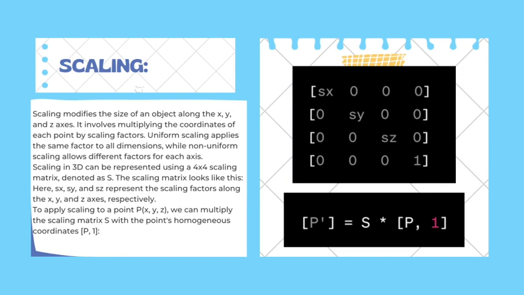To apply scaling to a point P of x, y, z, we can multiply the scaling matrix S with the point's homogeneous coordinate p, 1. Here the result can be as follows. P dash is equal to S star p, 1, where P dash is the resultant matrix, and S is the scaling matrix.